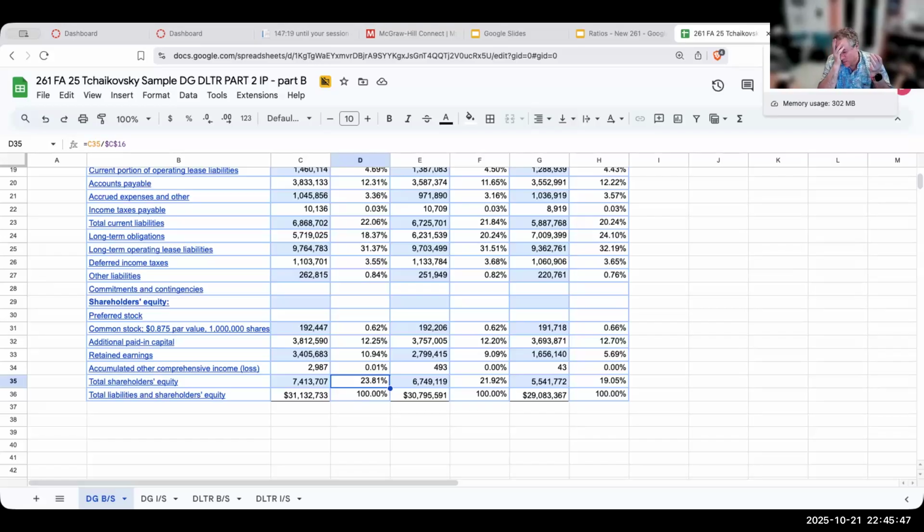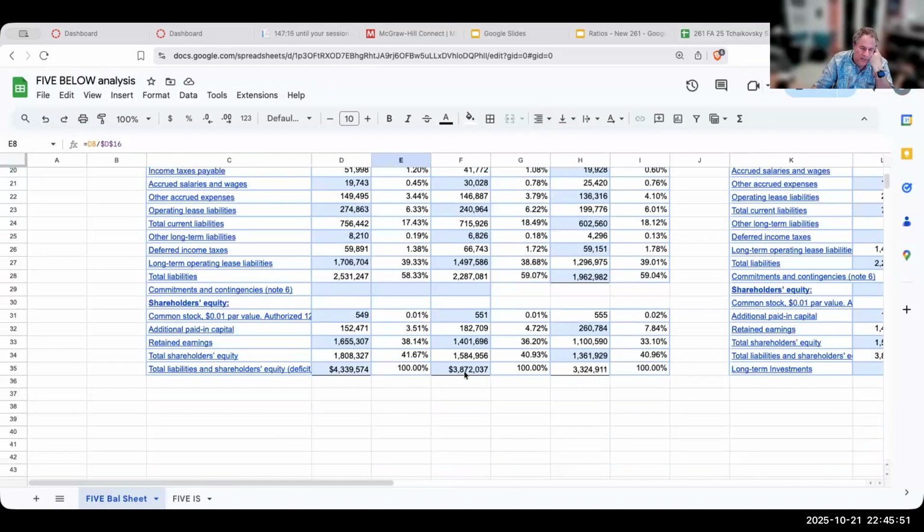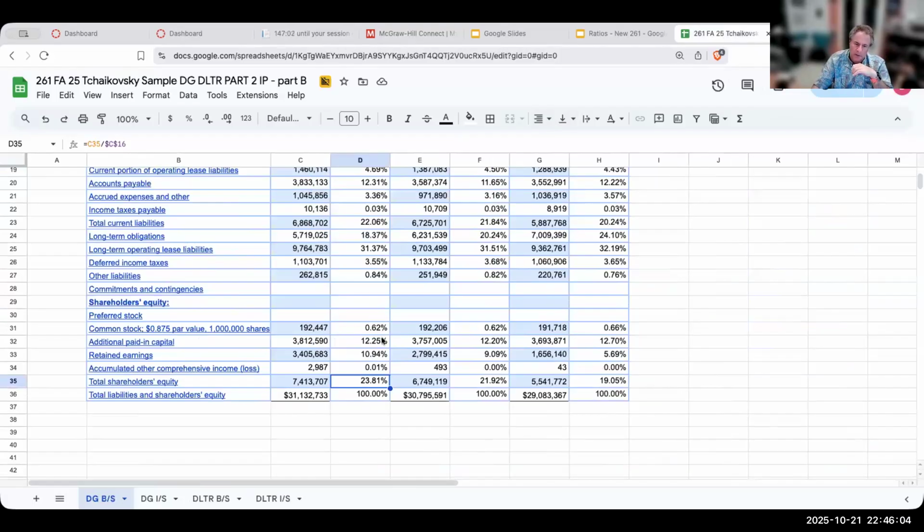Liabilities to total assets would be about 76%, as compared to Five Below, whose total liabilities are only about 58%. So Five Below is not nearly as leveraged as Dollar General.